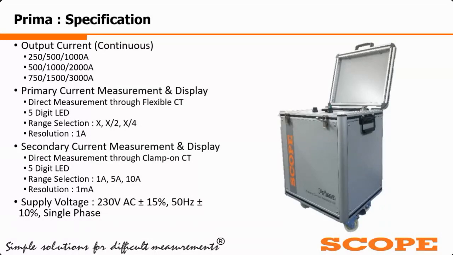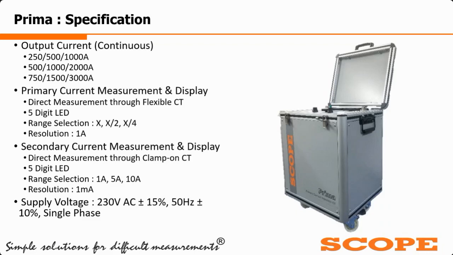Similarly, we have provided a secondary current measurement and display facility, so the user can directly see the secondary current as well on a 5-digit LED display. And range selection facility we have provided for CT secondary rating. We have provided 3 ranges: 1 ampere for CT secondary of 1 ampere.